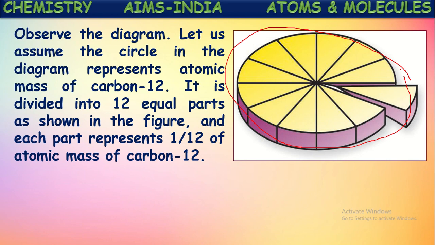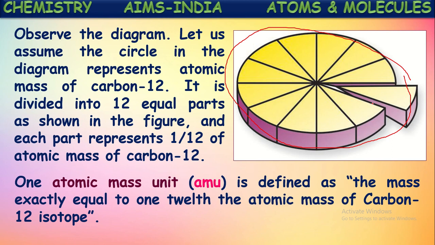If it is divided into 12 equal parts, as shown in the figure, each part represents 1/12 of the atomic mass of carbon-12. So one atomic mass unit is defined as the mass exactly equal to 1/12 the atomic mass of the carbon-12 isotope.